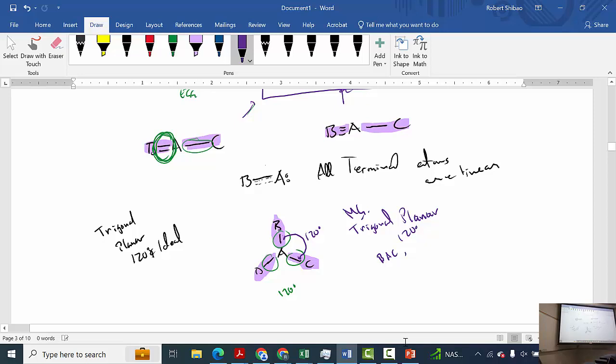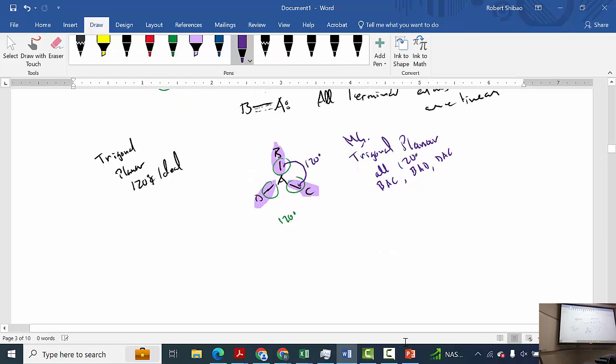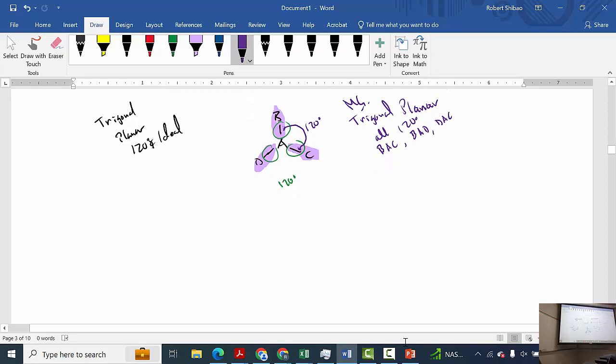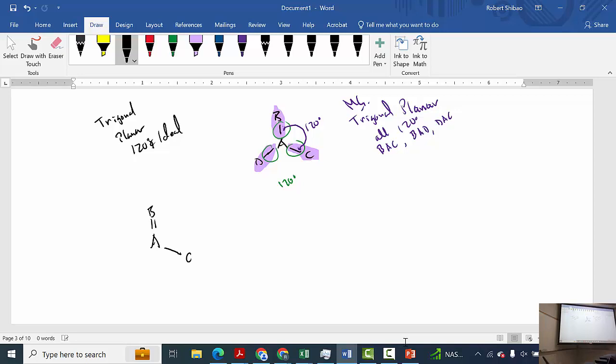And so what are the angles here? The angles would be BAC, BAD, DAC. All of them at 120. Now, what happens if one of the groups is bigger or smaller than the other group?